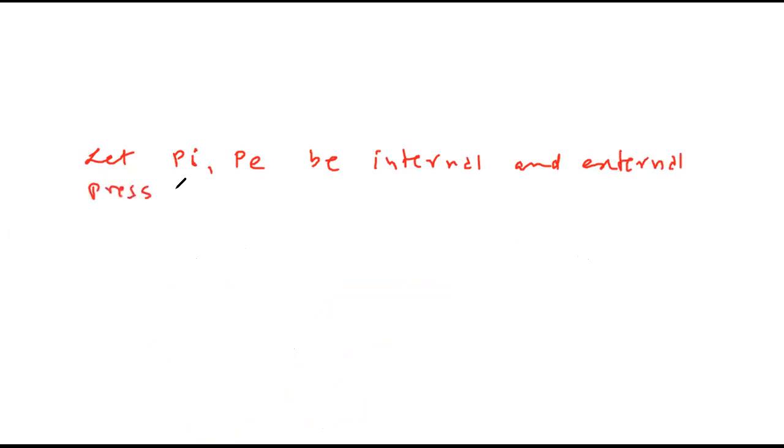Let Pi and Pe be internal and external pressure. External is actually atmospheric, I have just named it PE. Let Pi and Pe be the internal and external pressure on a liquid drop of radius small r.